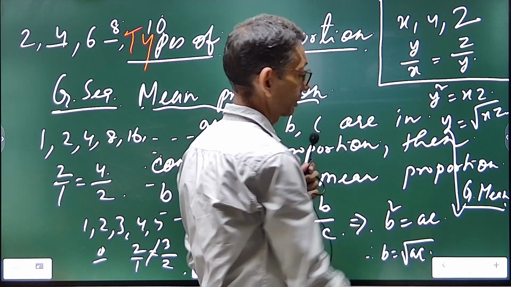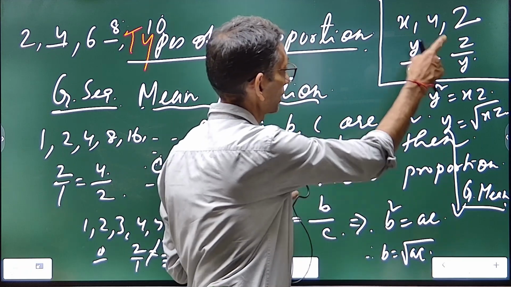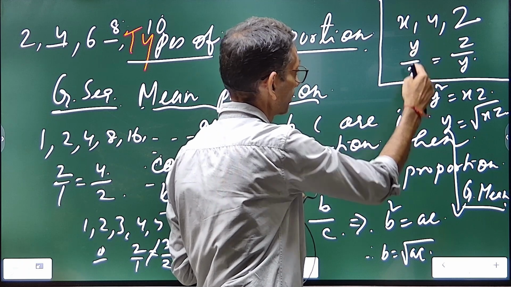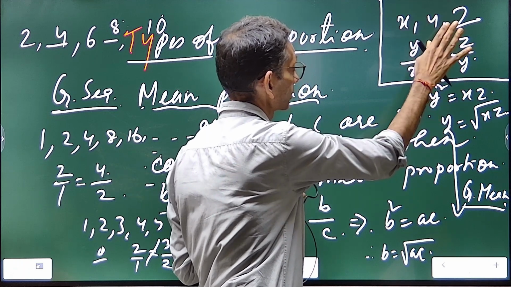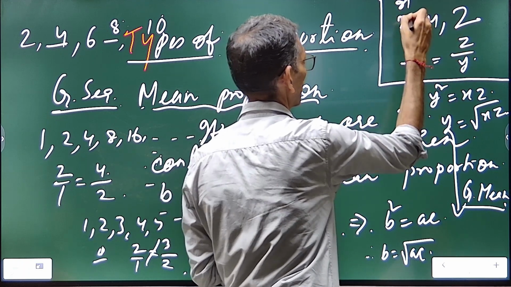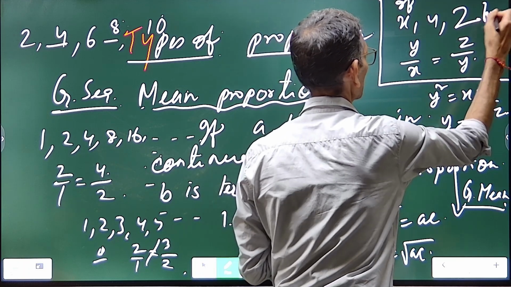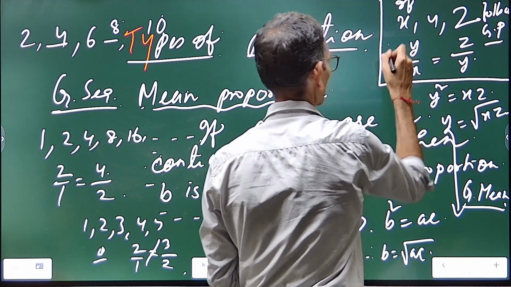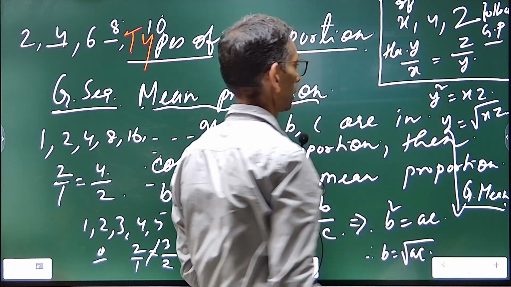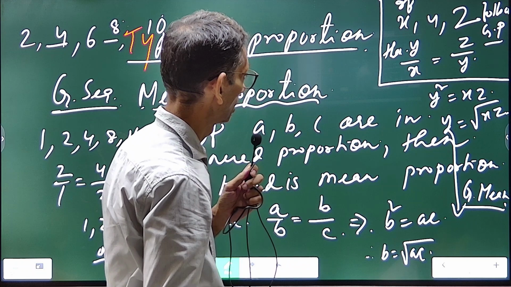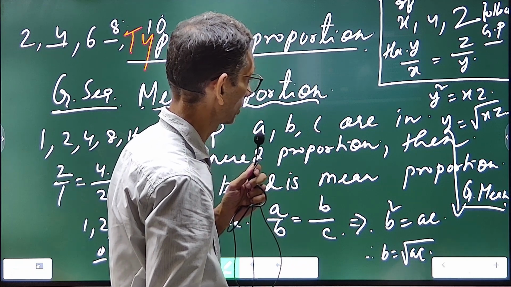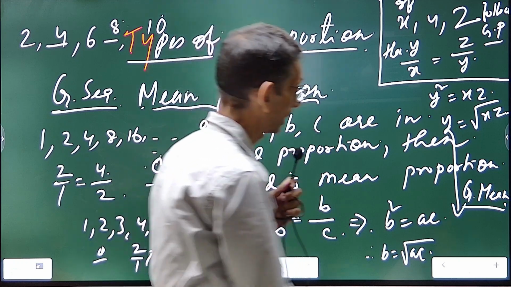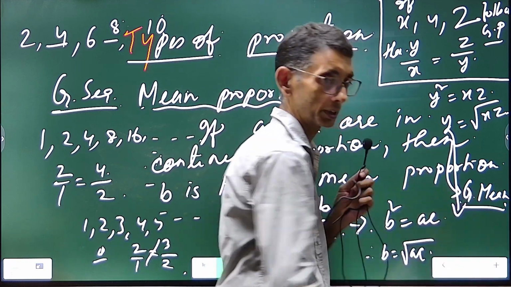You can write this definition: if x, y, z follow a GP, then y by x equals z by y, y square equals xz, y equals root xz. This y is called the geometric mean.